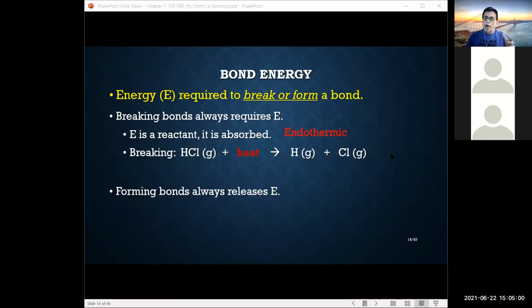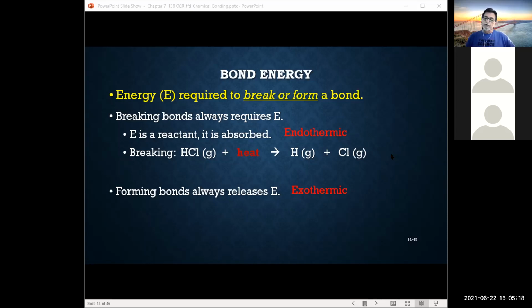Okay. When we form bonds that come together, it releases energy. Energy is given up, and that is exothermic. One way to remember: X for exit, energy exits the building, so to speak. And so that thing gets hot.